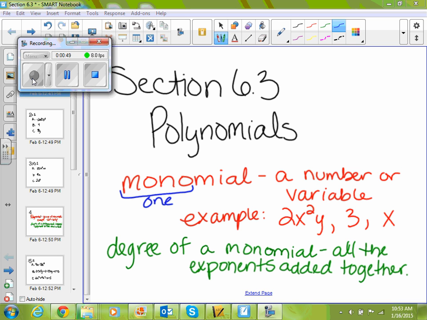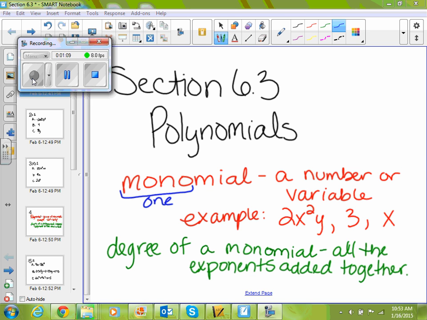Like 2x squared y, that is one term because they're not separated by a plus or minus, they're connected together. Or you might just have a term of the number 3 or the letter x. So any single item is a monomial.